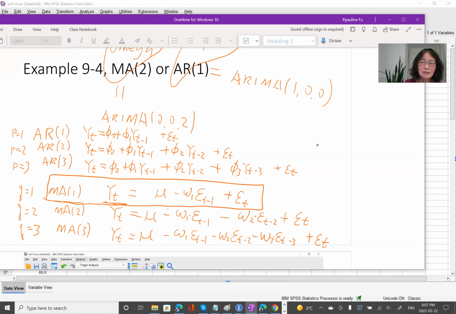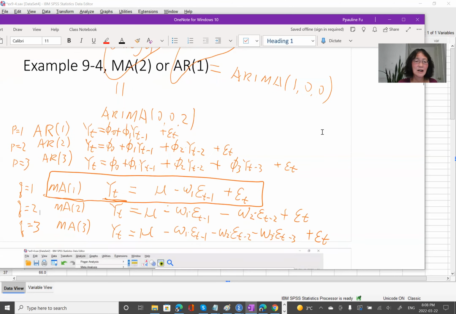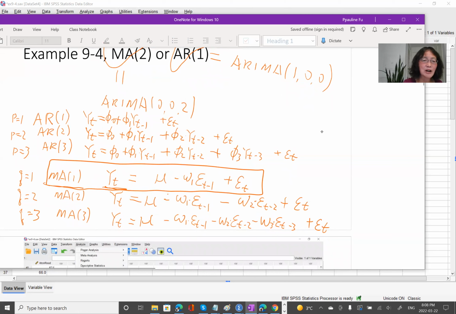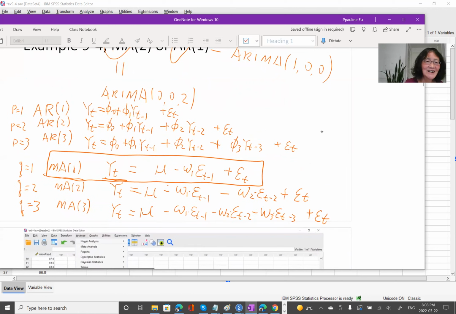What is your question, Benny? Because when I saw your example before, what you did was YT minus 1. Okay, equal to, I got your point. Here, I'm talking about MA1. What you are talking about, what I talked before, okay?